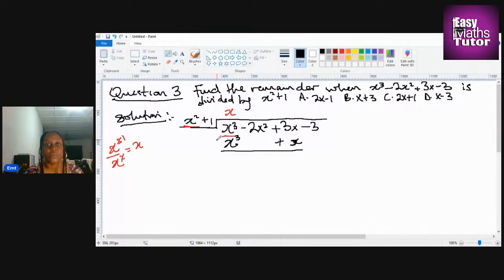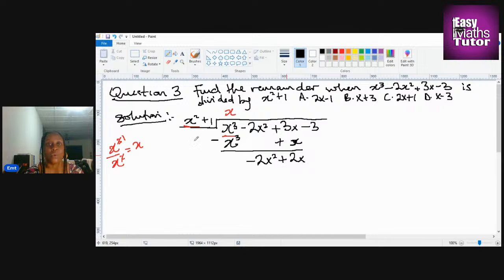We subtract just the same way you subtract in traditional subtraction. x cubed minus x cubed gives us 0. Minus 2x squared minus nothing gives us minus 2x squared. 3x minus x gives us 2x.